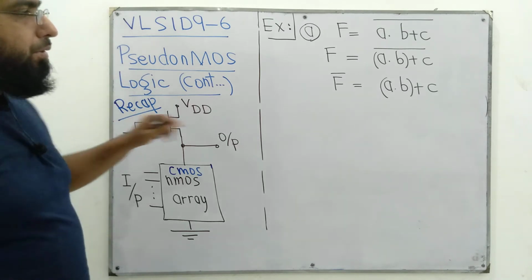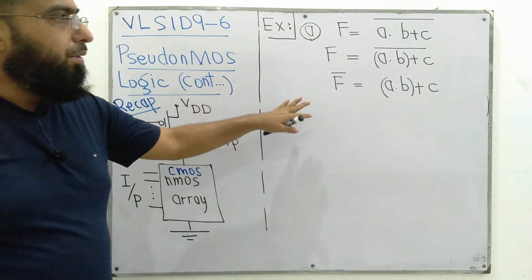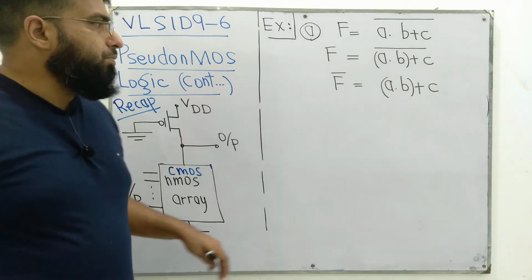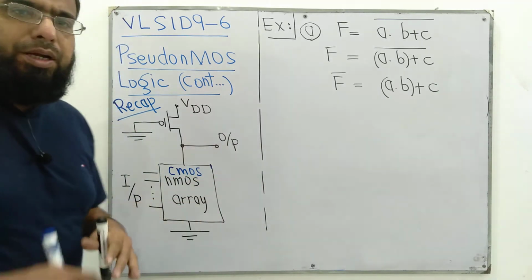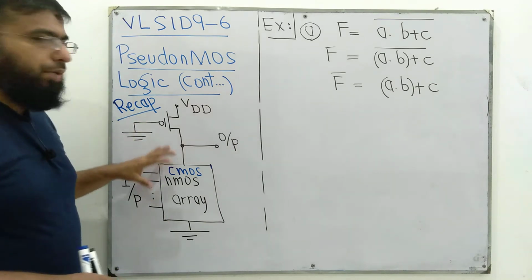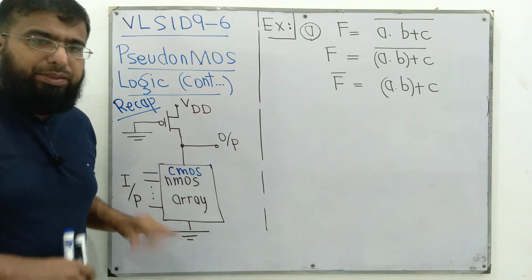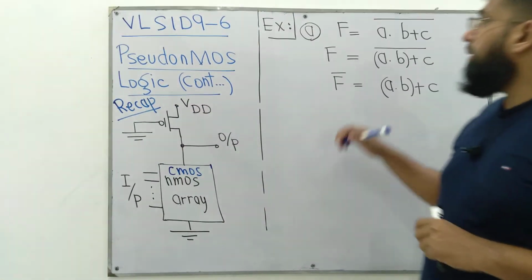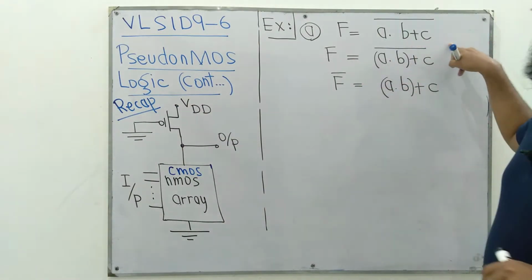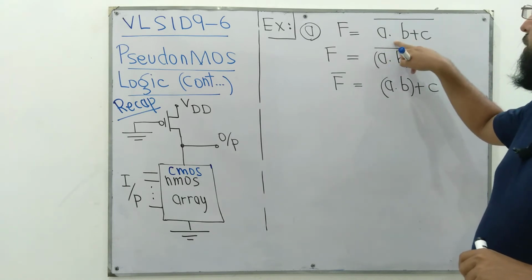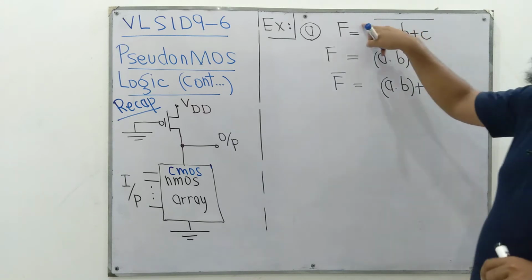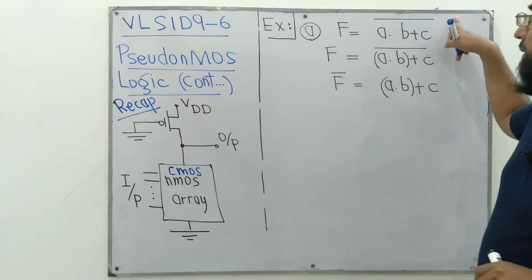Today we will implement different Boolean expressions related to different circuits, and will implement their equivalent pseudo nMOS implementation. So let's first implement this Boolean expression: A dot B, AND B or C, and the whole complemented.